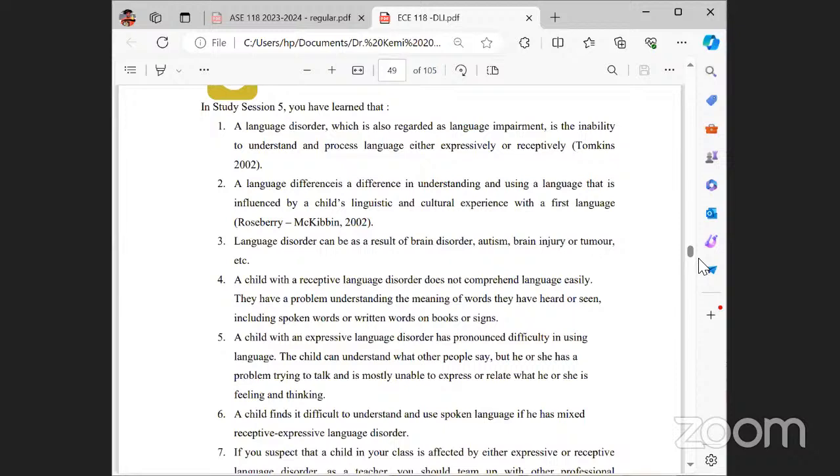Kindly flag it immediately. Don't think you can manage it. Talk to the school head, the school administrator, and with the permission of the school head or administrator, discuss with the parents, call the parents' attention.